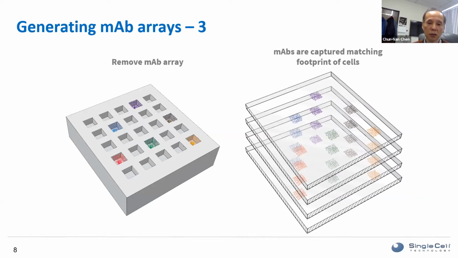So this allows us to screen the molecule of interest in any number of ways possible. For example, you can screen for cross-reactivity by looking at the staining pattern on one slide versus the other. For example, we can also search for other types of attributes such as specificity. And I'm going to go into some of the examples later.